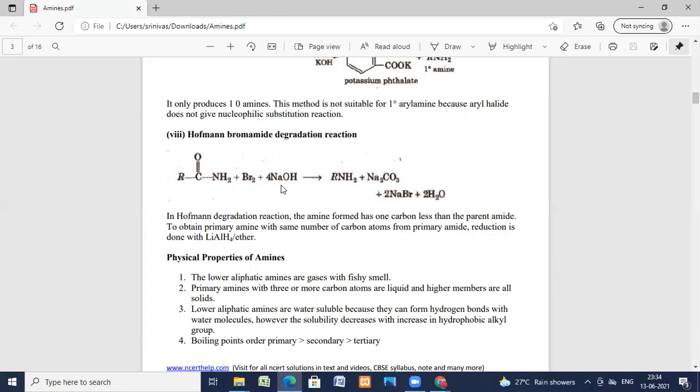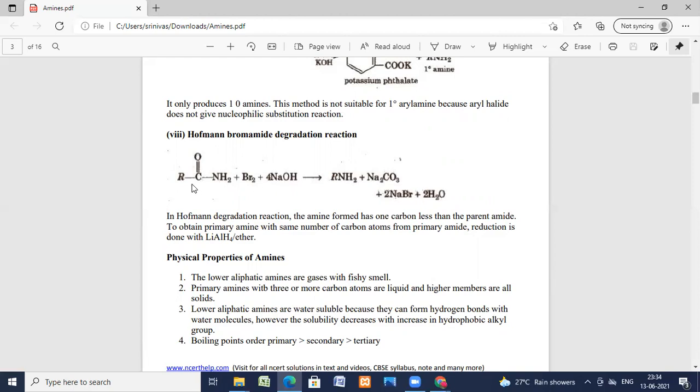And looking onto the mechanism, when the amide, aliphatic or aromatic, is treated with bromine and potassium hydroxide or sodium hydroxide, primary amine is formed. The mechanism involves almost 5 steps. In Hoffman degradation reaction, amine has one carbon less than parent amide.